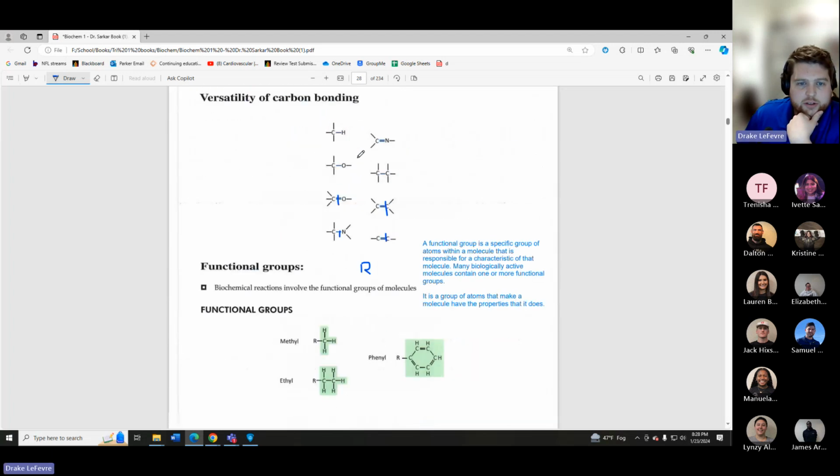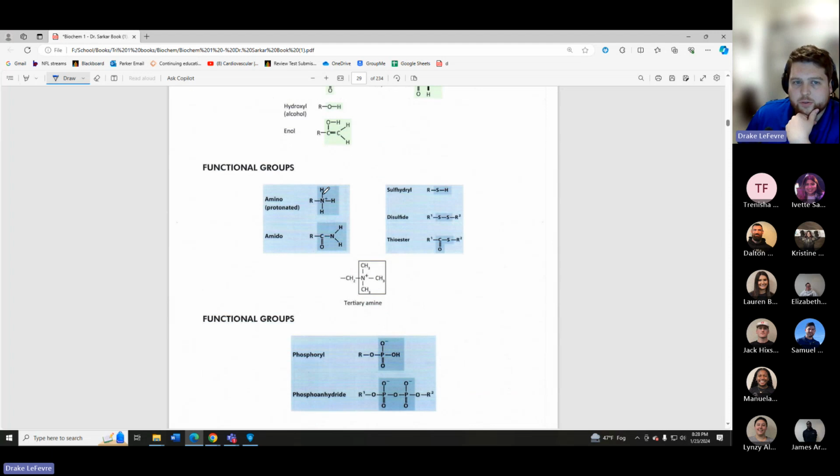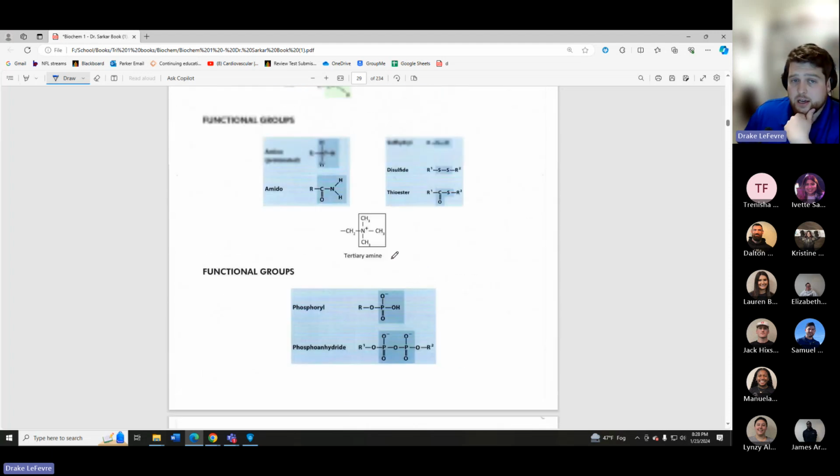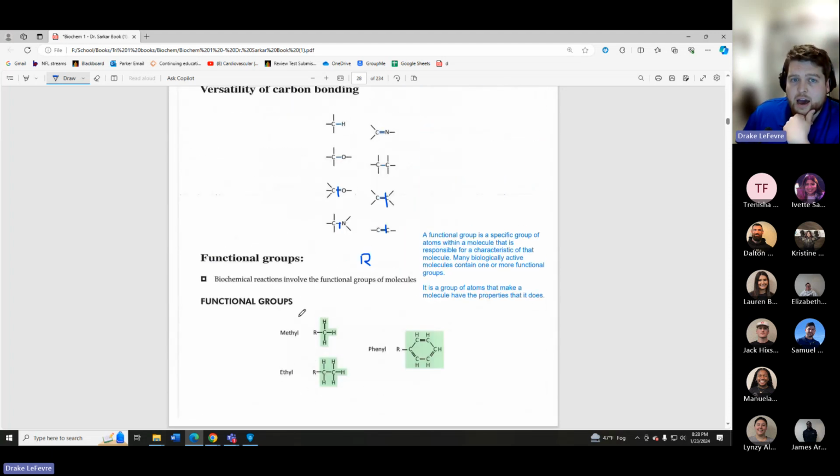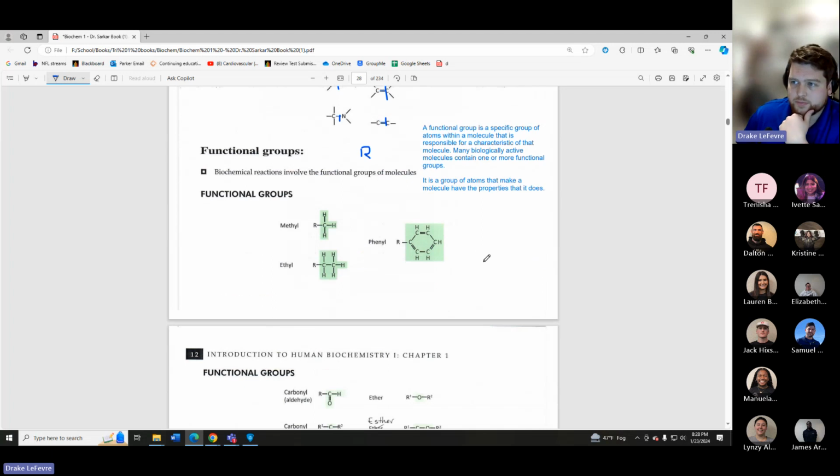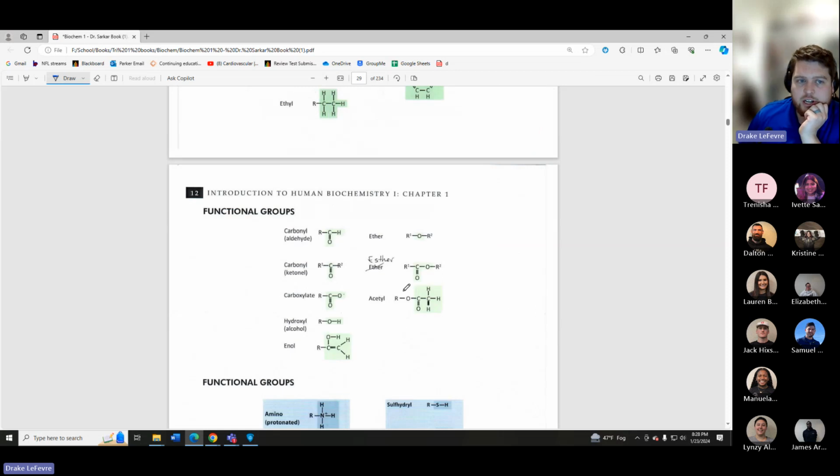We talk about carbon. Carbon's super versatile. We already talked about functional groups. If you haven't been reviewing your functional groups, start reviewing them now. You should be able to find Quizlets already made of functional groups, like what their charge is, what their function is, that sort of stuff.